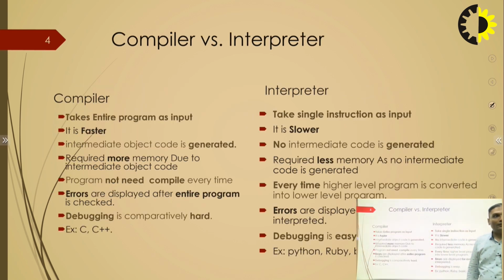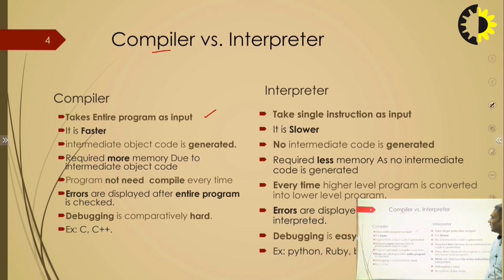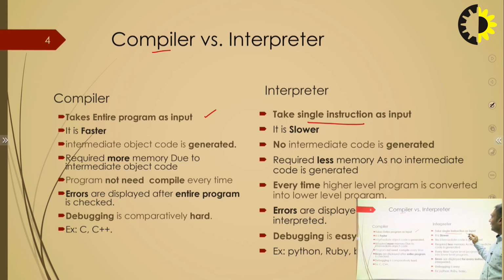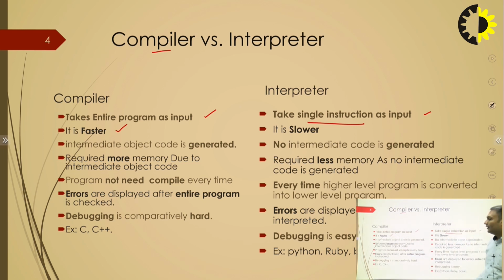Now let's see the difference between the compiler and interpreter. Compiler takes the entire program as an input, but interpreter takes a single instruction as an input. So it will convert the whole program at once, while the interpreter will read line by line or based on the instruction. Compiler is faster, interpreter is slower because it reads the programs line by line.